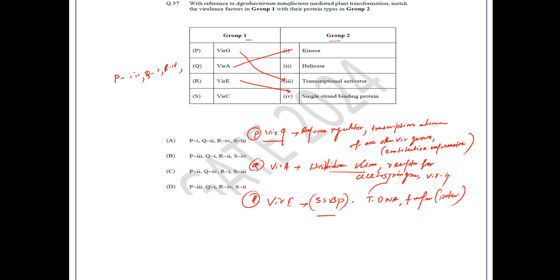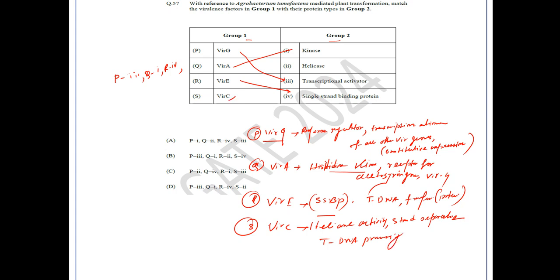and if we see VirC, VirC has helicase activity, and definitely they assist in strand separation of T-DNA. So they are involved in strand separation, and they are also involved in T-DNA processing.